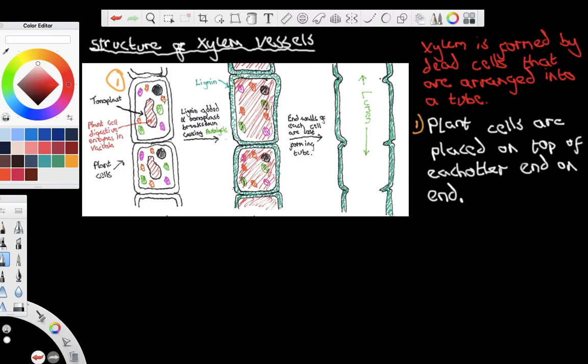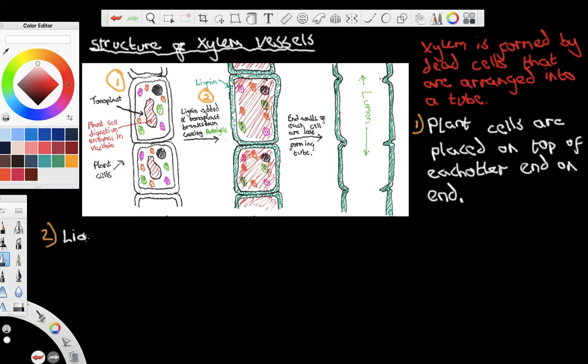What then happens is that lignin is added to the cell walls and something called autolysis happens. Okay, so number 2 we can put here. Number 2, lignin is added to the walls of the cells.